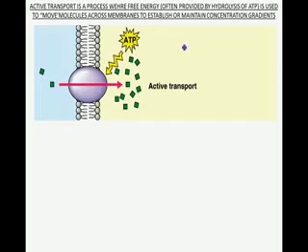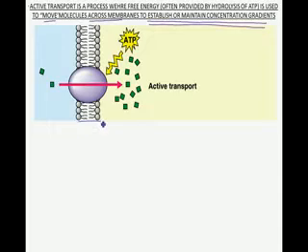But the biggest deal here is that active transport is a process where free energy, often provided by the hydrolysis of ATP, we'll talk about that in a second, is used to move molecules across membranes to establish or maintain concentration gradients. So now, instead of going down the concentration gradient, these active transport mechanisms are making the gradient.